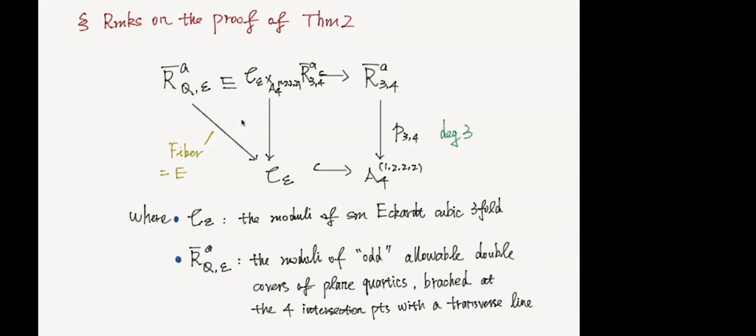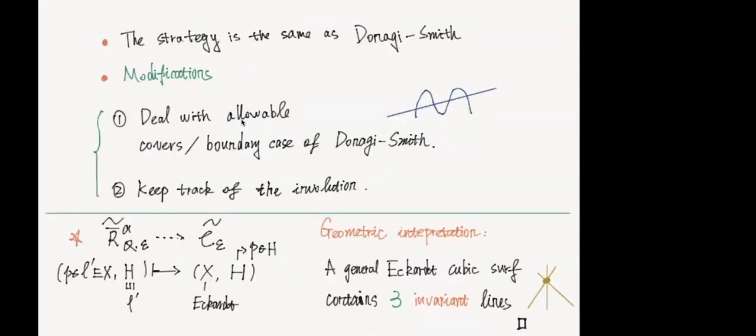Here let me just say that the strategy is the same as in Donagi-Smith, but there are some difficulties. The modification we have to do is, first, we have to go to the boundary case of Donagi and Smith, because our discriminant curve will be a line union a plane quartic, so it will be a singular cover.